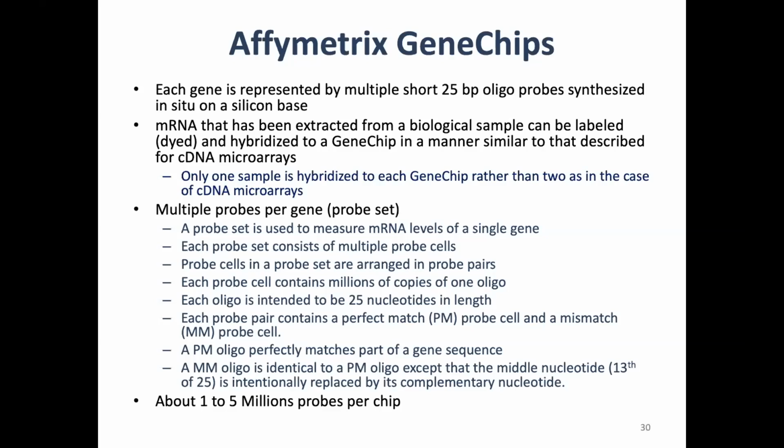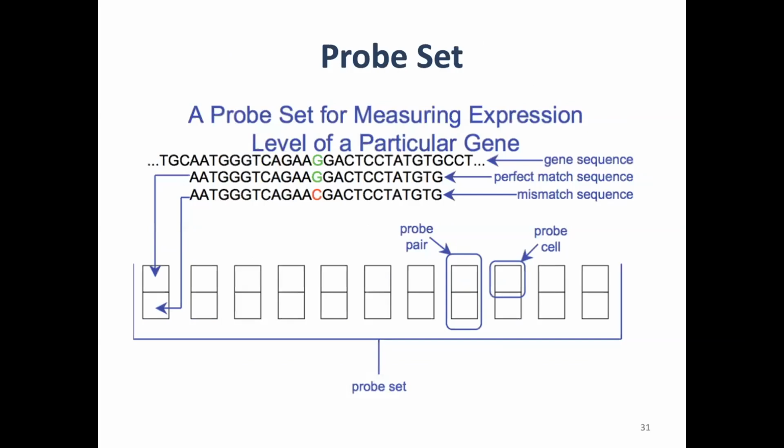A probe set, I will go to this slide and talk about this. So this slide will show you the probe set. If you look at this, this is a gene sequence, and a gene sequence can be pretty long, so it's given by dot, dot, dot at both ends. And you can design a short 25 base pair oligo. So this is one oligo, just a piece of this.